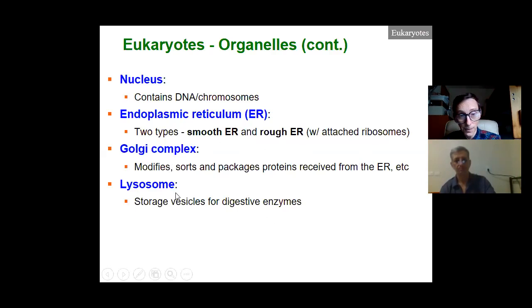They will engulf bacteria, and the digestive enzymes in lysosomes will digest the bacteria that have been engulfed by the white blood cells. Now, other cells also engulf, and they have lysosomes. For your gut cells, for example, the lysosome will help you in digesting the food that your gut cells engulf.